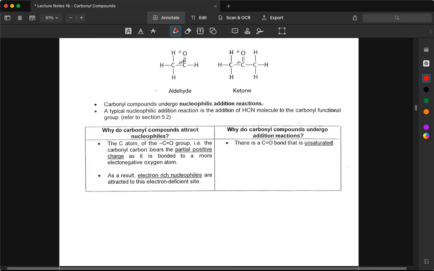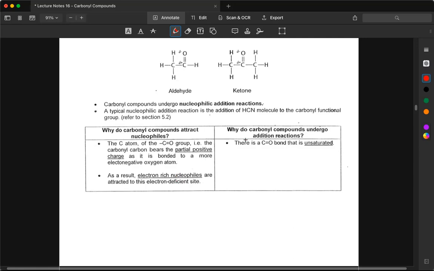So the electrons are drawn away from the carbon towards the oxygen, which makes the carbon center positive relative to the oxygen. So with a partial positive charge on the carbonyl carbon, it attracts the nucleophile, which is electron rich, to this electron deficient site.